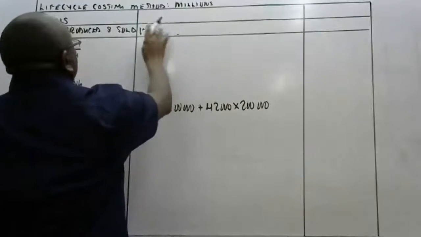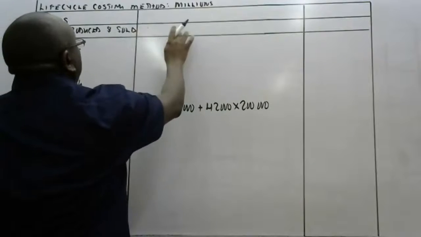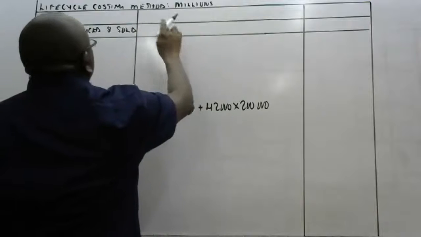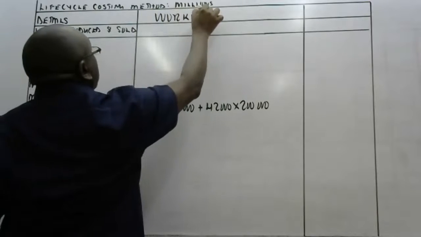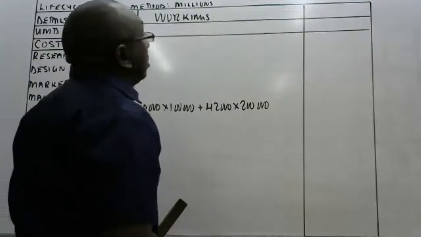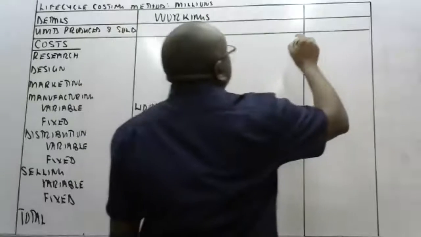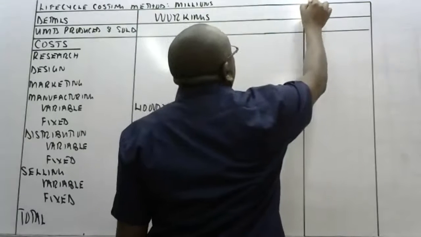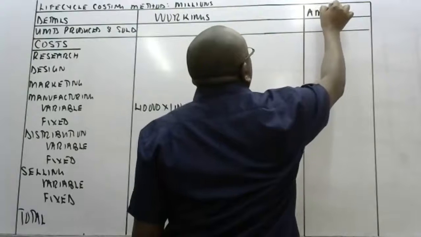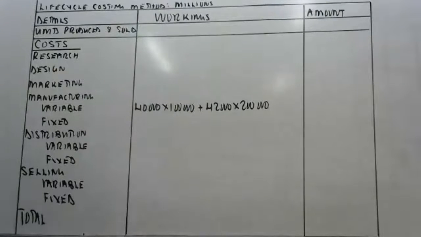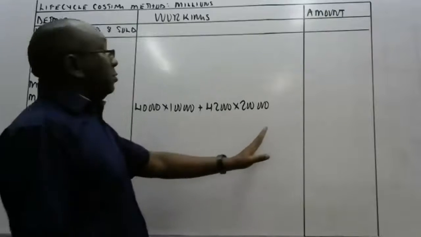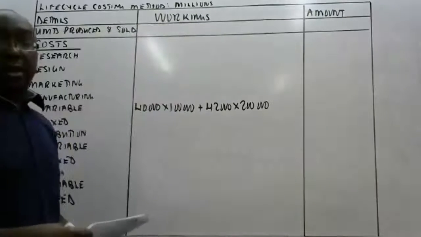Sorry, this one I should not have called it workings. Let me leave it that way because the workings should have been here, and these ones are the amounts or the answers. So with that now, I'm able to estimate what I require.